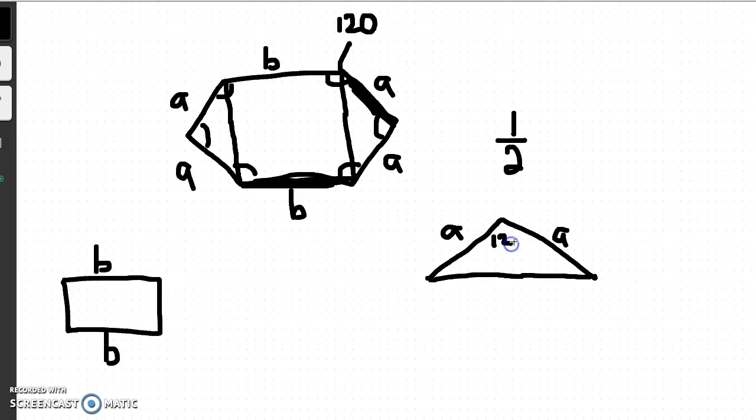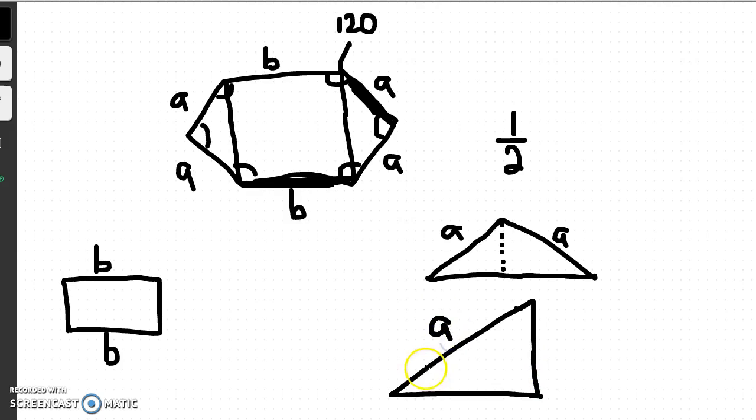So these are 30. If those are 30 on the edge, then I've got 30, 60, 90 triangles I can make out of these little things, and these 30, 60, 90s have A as the hypotenuse. Now that's 30, so this here is 1/2 A.